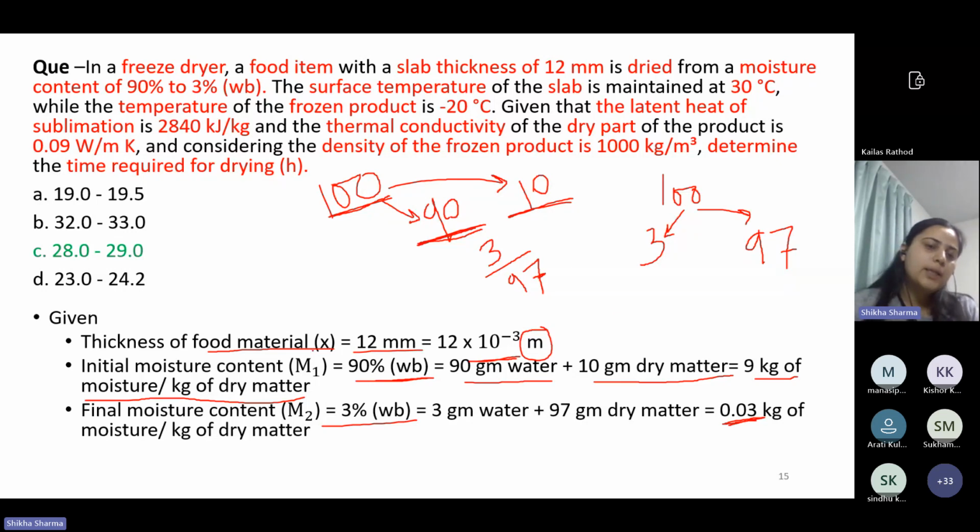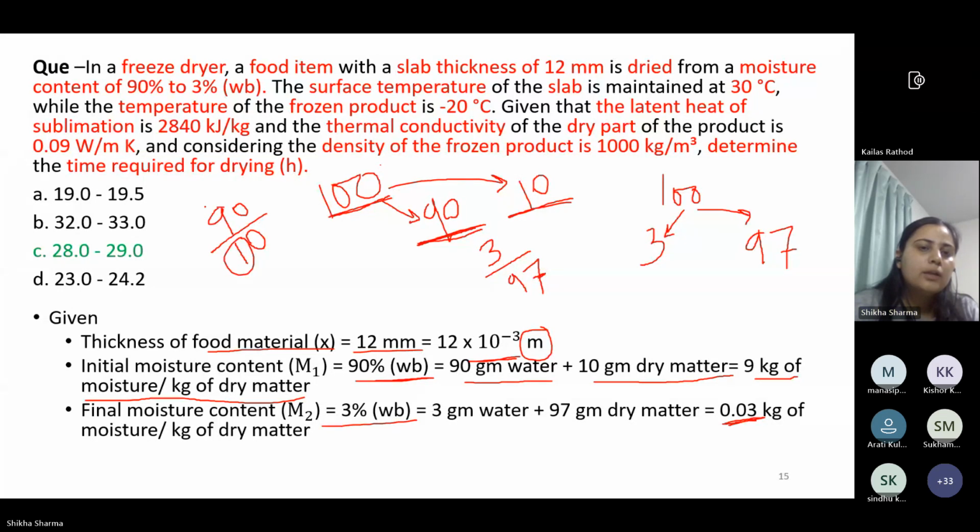Okay, is it clear how I am converting the moisture? In the first case, I am saying that 100 gram is my product. Out of that, 90% is water, so 90 gram is water and 10 gram is the dry material. So 90 by 10, which is 9 kg of moisture in 1 kg of the dry material.